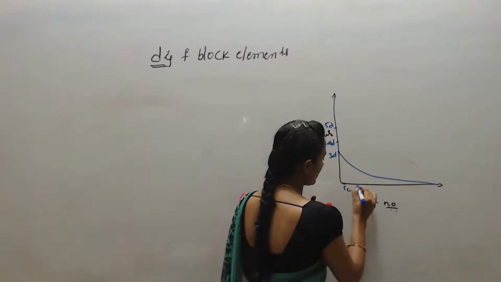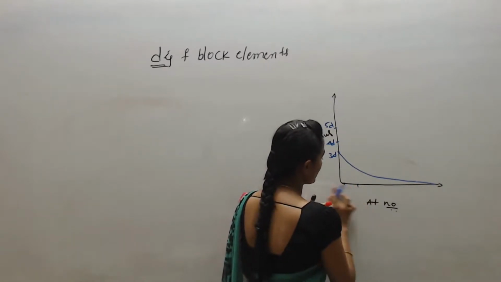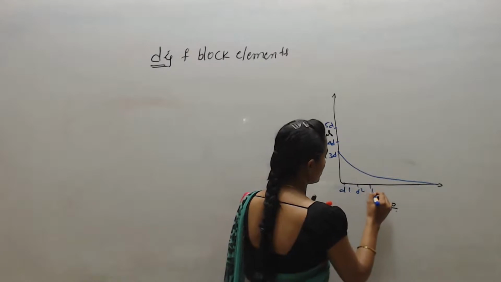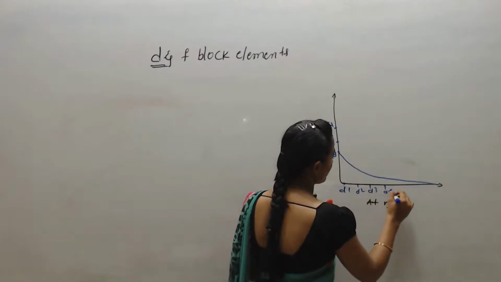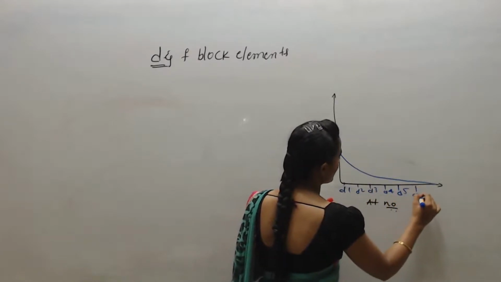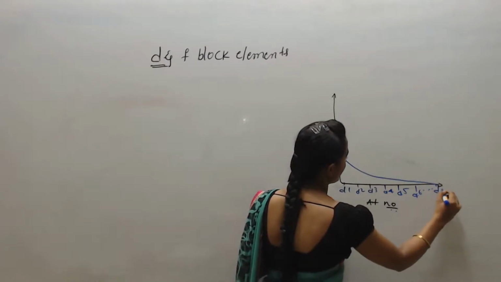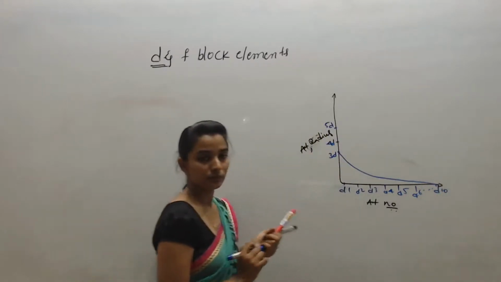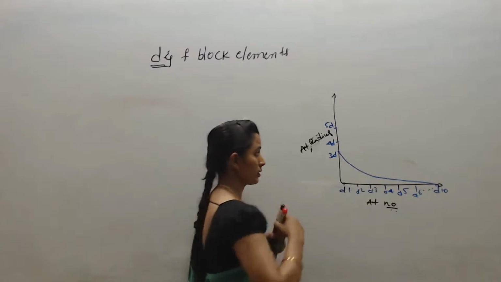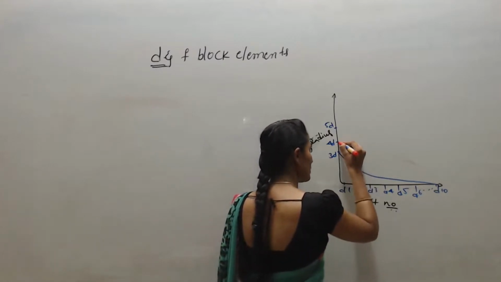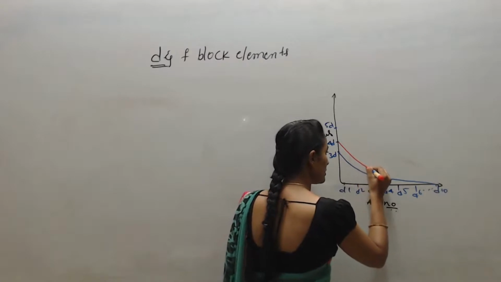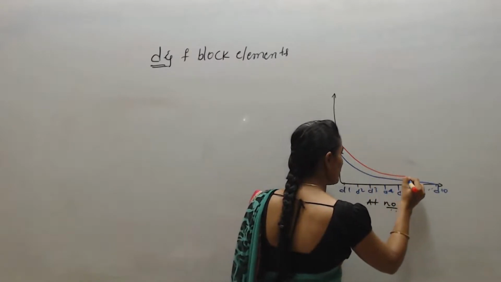Assume this is scandium, our atomic number increases in the order D1, D2, D3, D4, D5, D6 up to D10. Okay, next, this is the 4D series, it also decreases in the same manner.